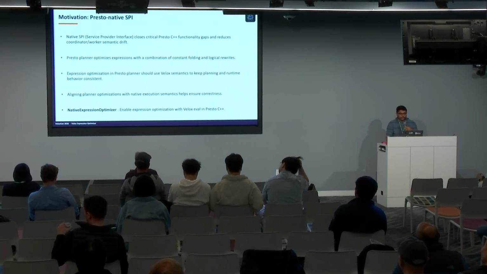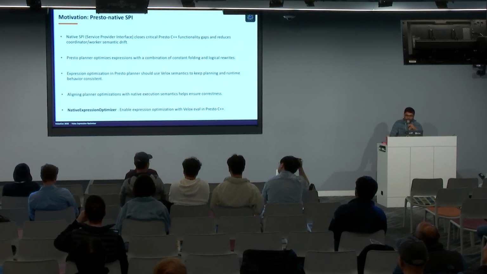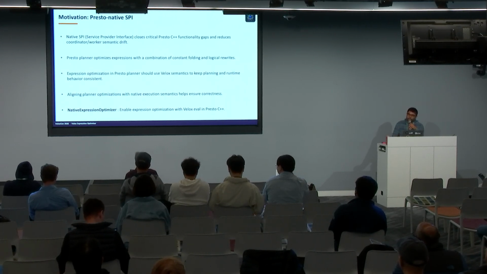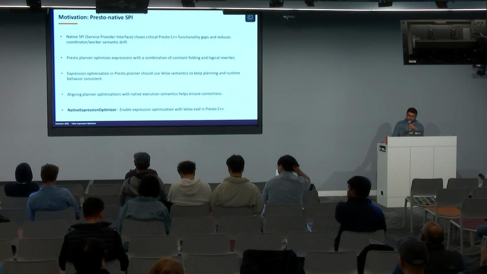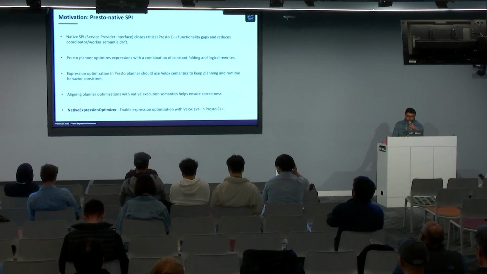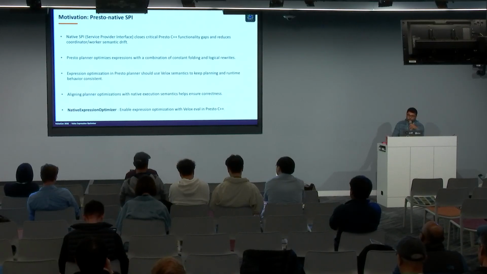As part of the native SPI effort, we wanted to ensure that the Presto planner optimizes expressions using Velox's expression evaluation. This is really necessary because we want to ensure consistent expression evaluation semantics during both planning and runtime. So essentially what we wanted to add is a native expression optimizer in Presto that delegates expression optimization to Velox's expression evaluator via a sidecar process.